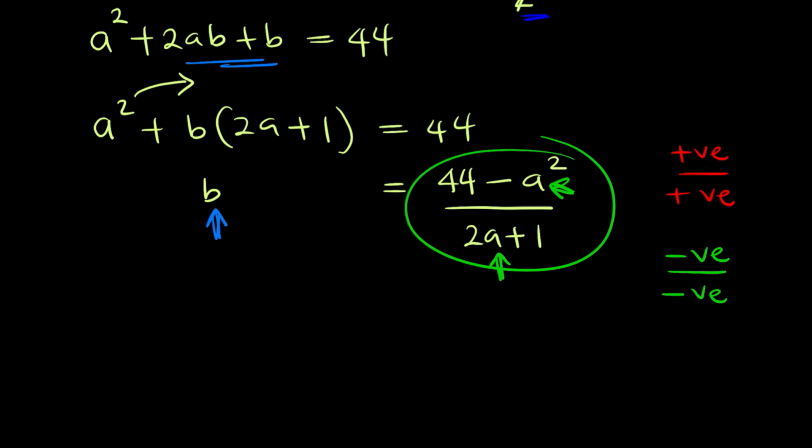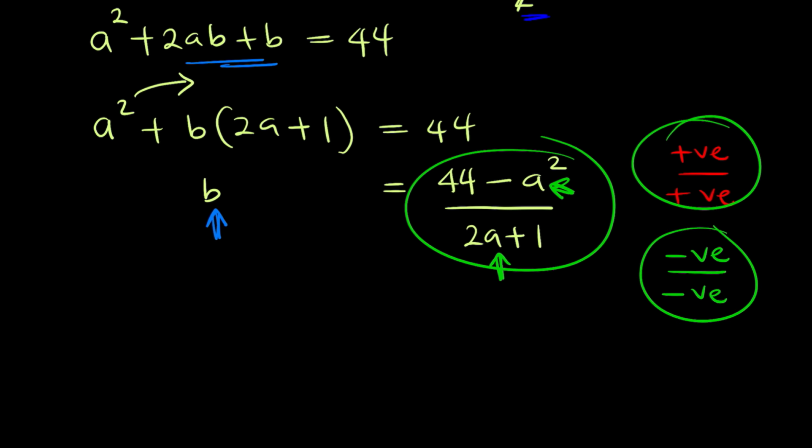For instance, if you have negative up and positive down, the result will be negative, which will contradict what b stands for. Or if you have the reverse, it will still contradict what b stands for. So these are the only two cases that we need to examine.